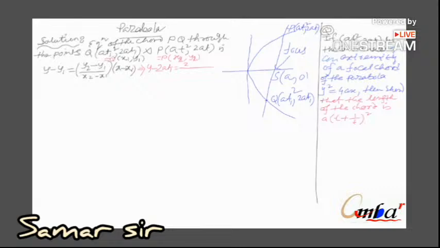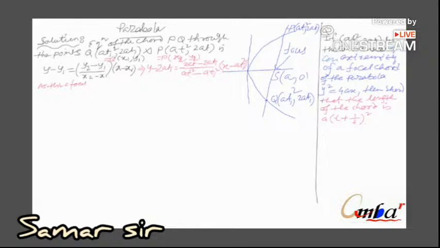This is y minus 2at1 equal to twice at minus twice at1 by at square minus at1 square into x minus at1 square.